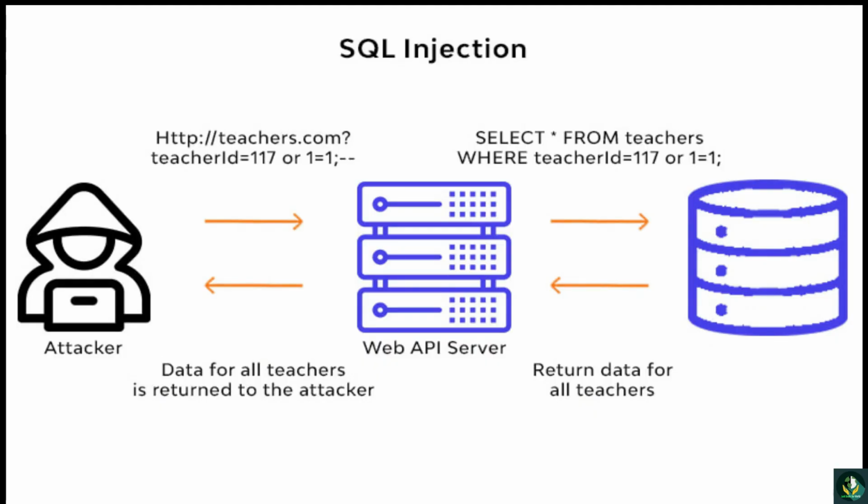SQL injection, how it works. An HTTP request and return to the database and web API server, related attacker and database. This might include data belonging to other users.